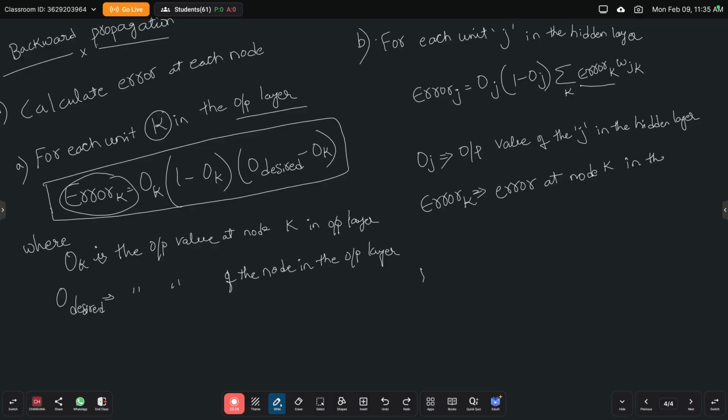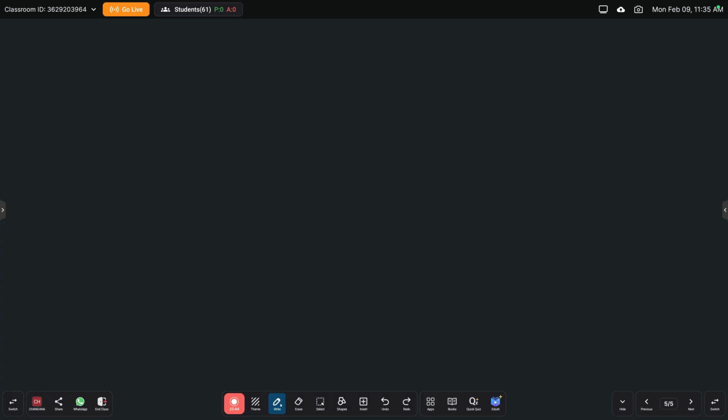The error k value we got just now for our output layer is the same error k we are using here. This is the first step in backward propagation, to find the errors in each node for the output layer and for the hidden layer. In the next step we are updating the weights and bias using the calculated errors.